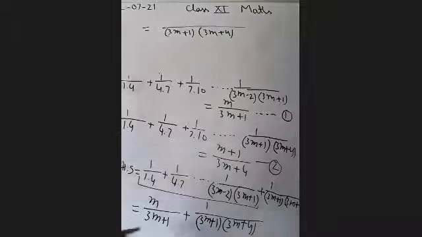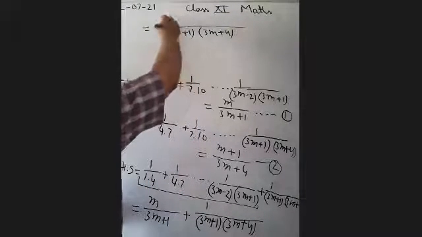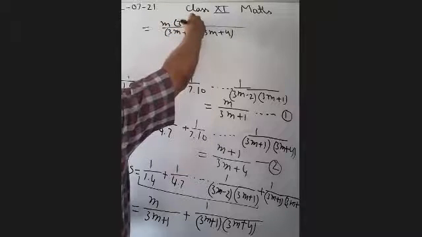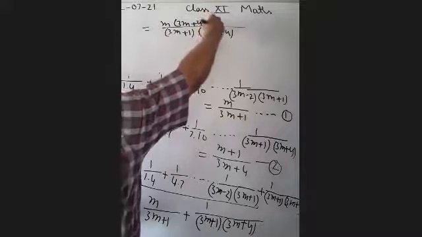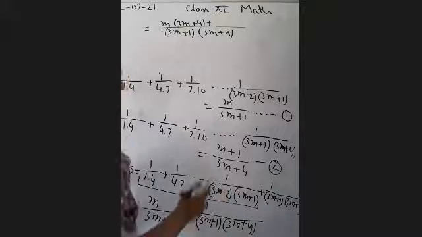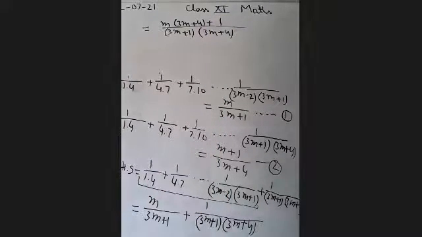If we divide 3m plus 1, so we will get only m, which is equal to m into 3m plus 4 plus, here we will get the 1 only, if we multiply 1 into 1, we will get 1 only. Now we have to simplify this relation.